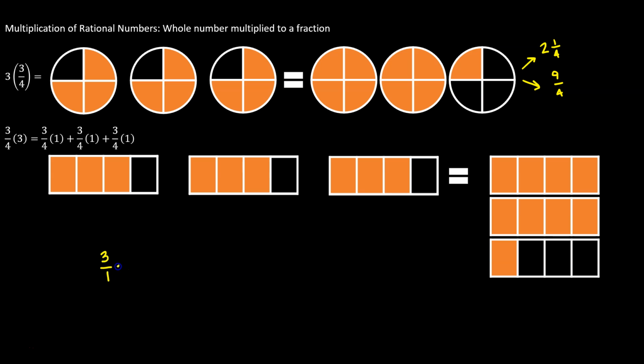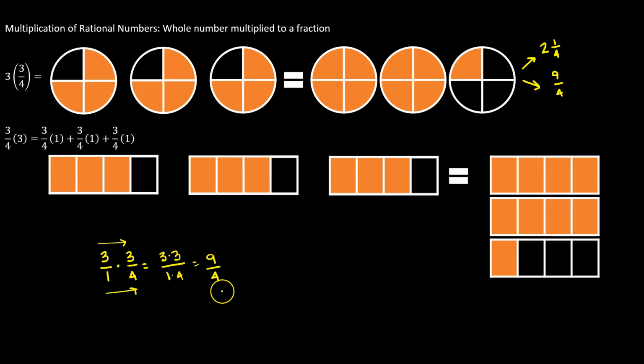And if we're multiplying that whole number to a fraction like 3/4, we're really just multiplying straight across the top and multiplying straight across the bottom to get 9/4.